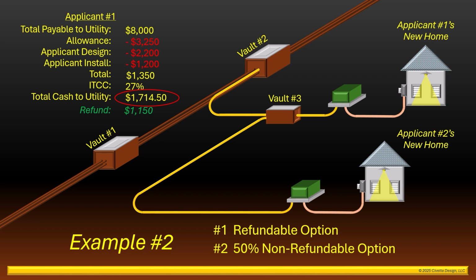The 50% option allows applicant number 1 the choice to reduce the cash advance by 1/2, but also eliminating eligibility for future refunds. The choice of payment options may depend on many factors, including out-of-pocket expenses and the probability of future customers connecting to the system. Check with your utility representative to determine which payment option is best for you.